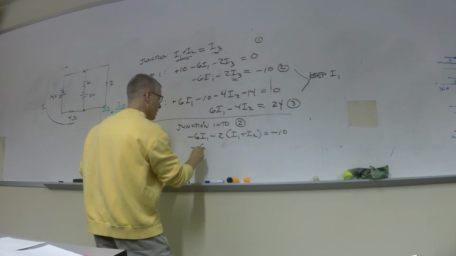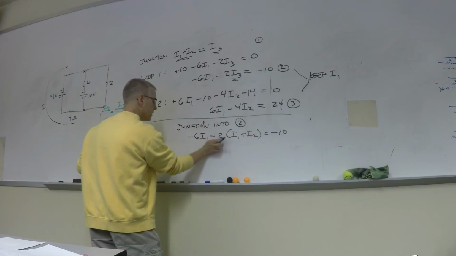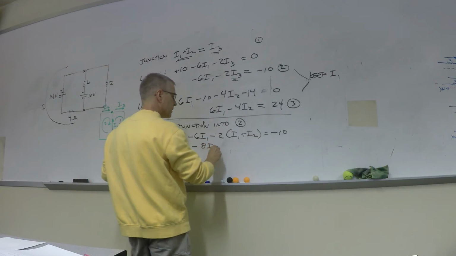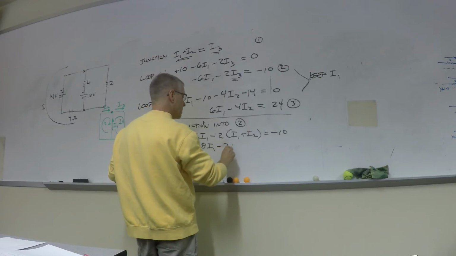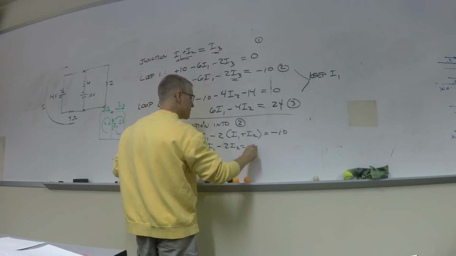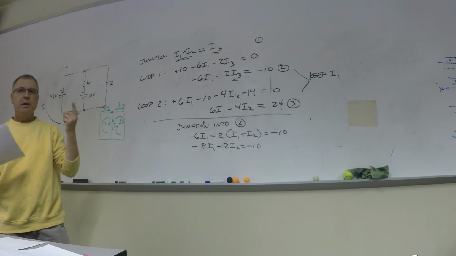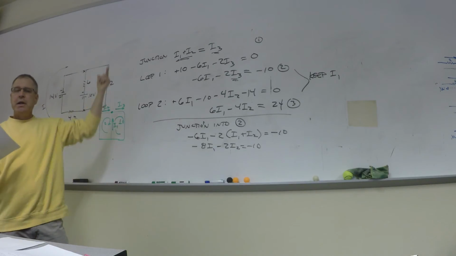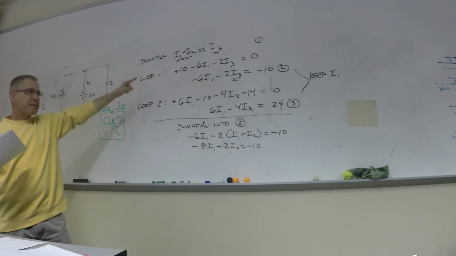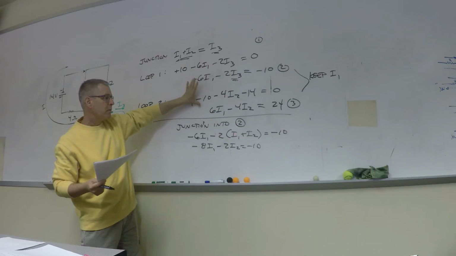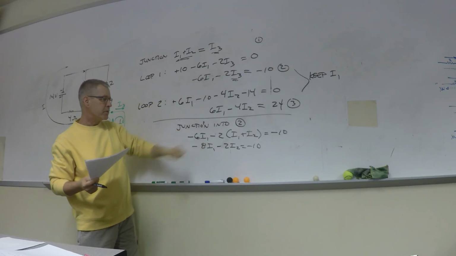Altogether now I've got a minus 8 I1s, let's see, minus 2 I2s is minus 10. So again, usually the easiest thing to do first, take that junction rule, use it to substitute for anything except the one that's the same in both. And for me it's easiest just to do the I3.